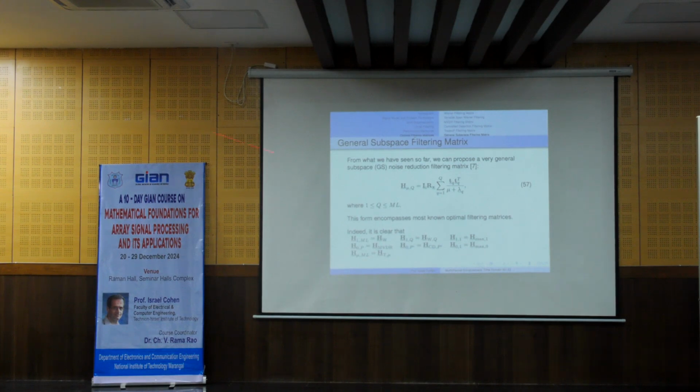Okay, so suppose that you have this filtering matrix. You see we have two parameters, mu and Q, that control the trade-off between noise reduction and signal distortion. A very beautiful way to control the signal. But now we understand something which is very nice.